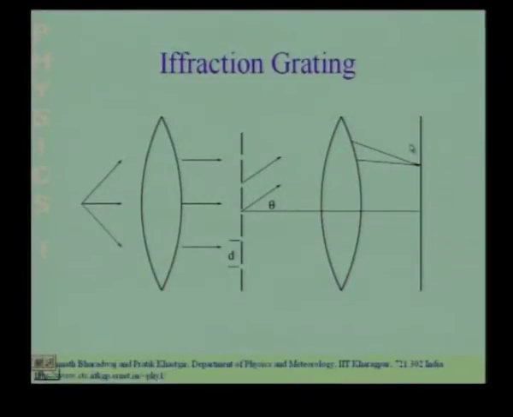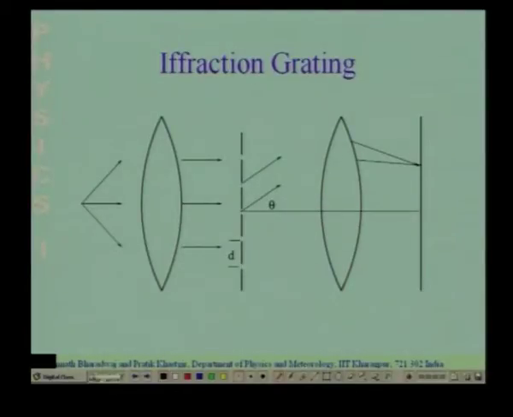The question now is, what is the intensity pattern that the diffraction grating is going to produce on a screen over here? Let me write down the expression for you.